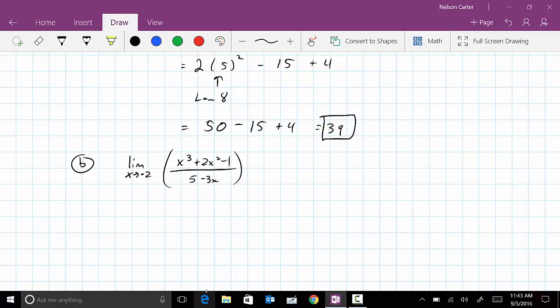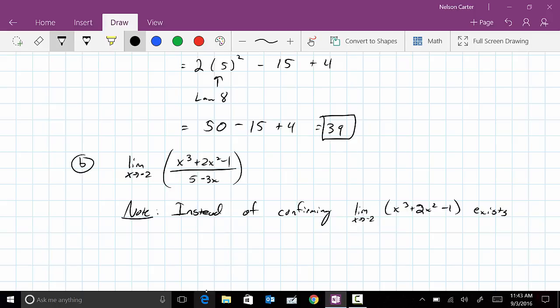But as I mentioned earlier, instead of confirming that the limit as x approaches -2 of x cubed plus 2x squared minus 1 exists, and the limit as x approaches -2 of 5 minus 3x exists and is not 0, because that was an extra condition since it was in the denominator and you cannot divide by 0, what we can say is this.